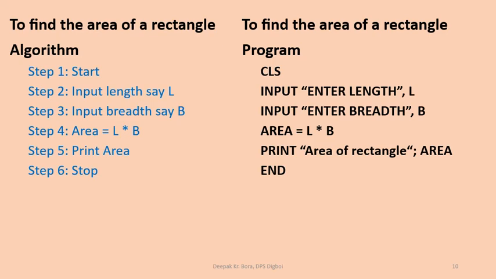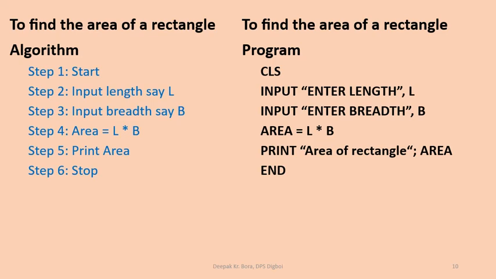Step 3, in the same way, we write input, enter breadth B. Step 4 is the processing part, where we have written area is equal to L into B. We write the same way, area = L * B. Next is print area. The command in QBASIC for print is PRINT.